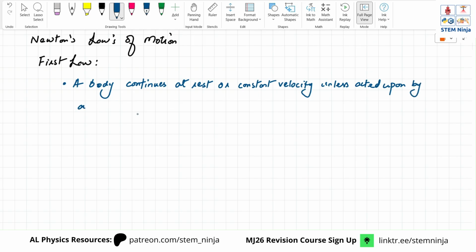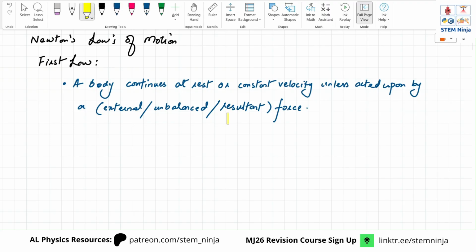there are different variations to this. You could say external force, you could say unbalanced force, you could say resultant force. You will find different variations of these words in different books. All of those are fine, but resultant force is the most favored one by examiners. External is also fine.